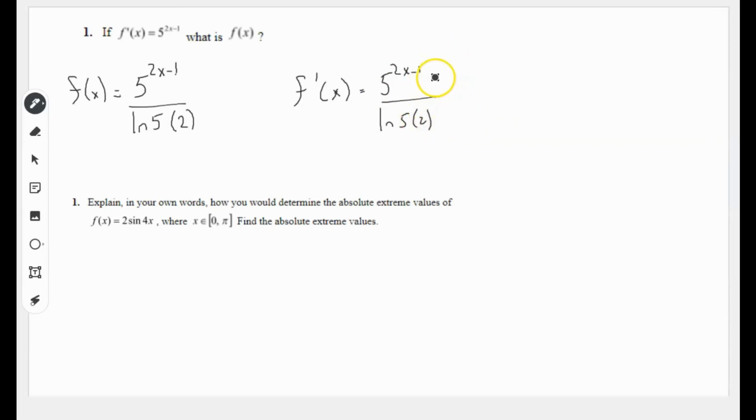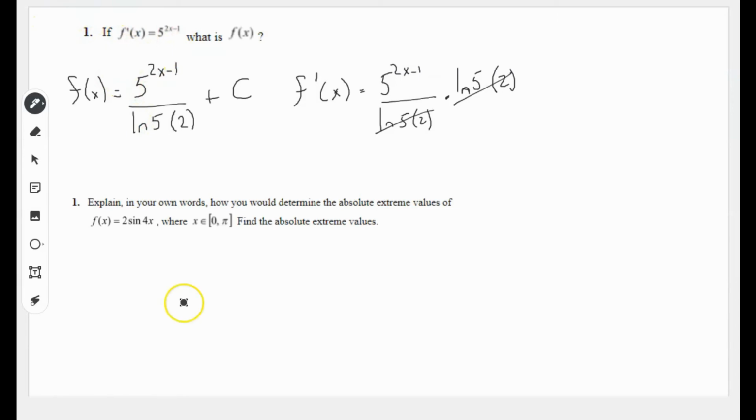And then we can simply multiply by the ln of 5 and multiply by the derivative of the exponent, which is 2. Look, all those cancel, and we're left with what we're supposed to be with. Now, don't forget, you'd also want to put that plus c in there, because if you find the derivative of this, you're still going to end up with that, right, for our indefinite integrals.